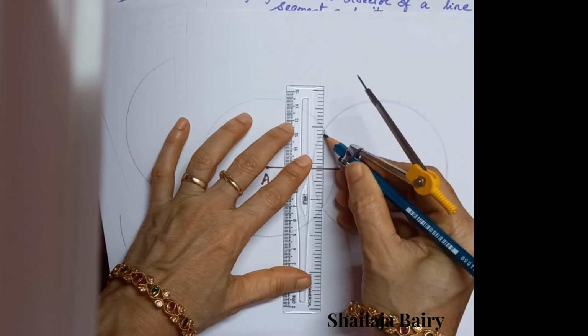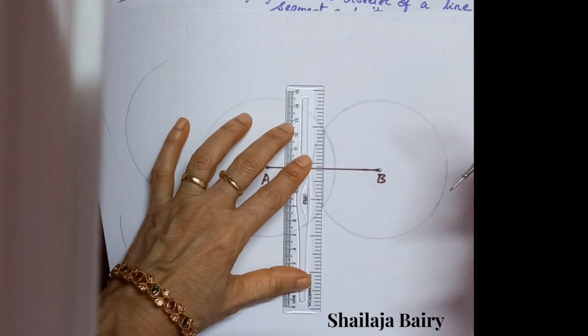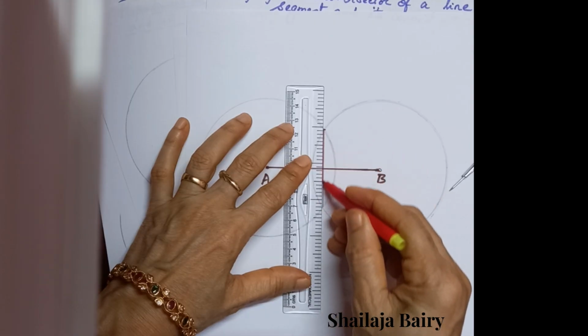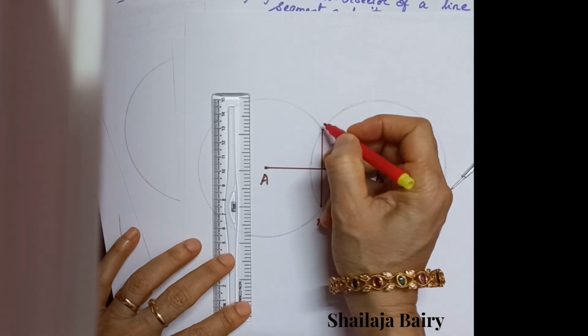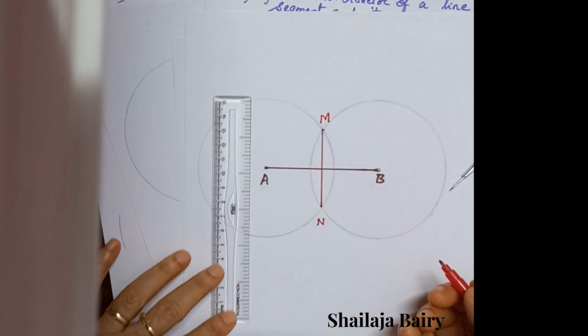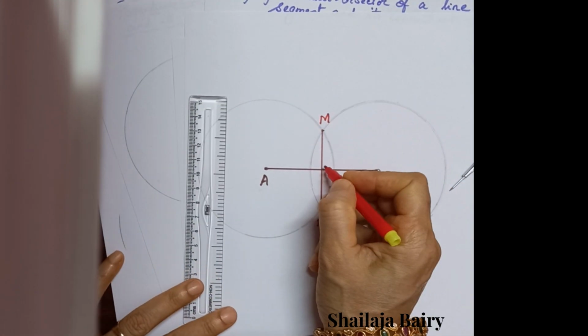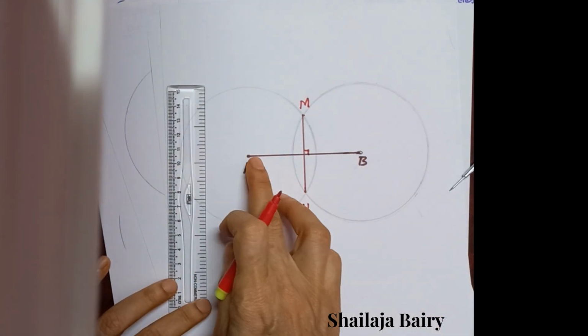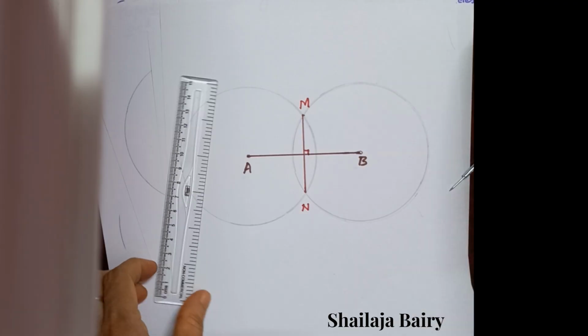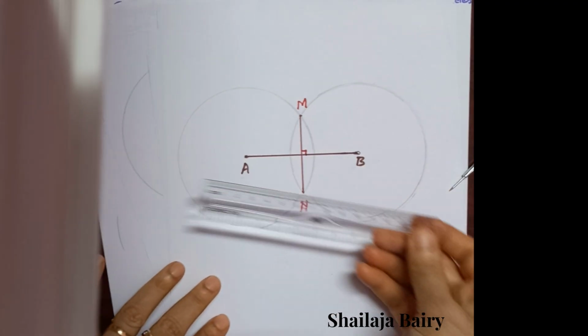Let me join it. And I will name this as MN. So MN happens to be the perpendicular bisector of the 8 centimeter line segment AB.